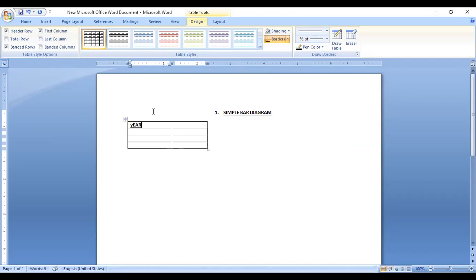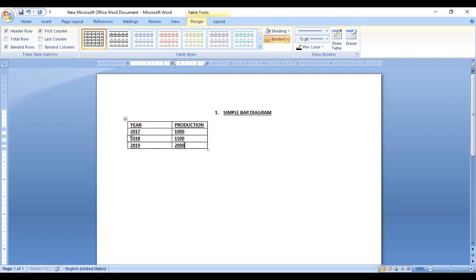Year and production. 2017, 2018, 2019. Production, let us take for example 1000, 1500, and 2000.